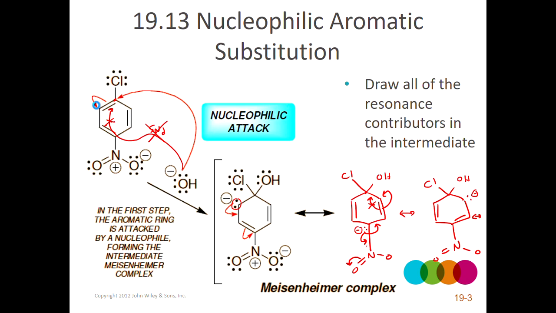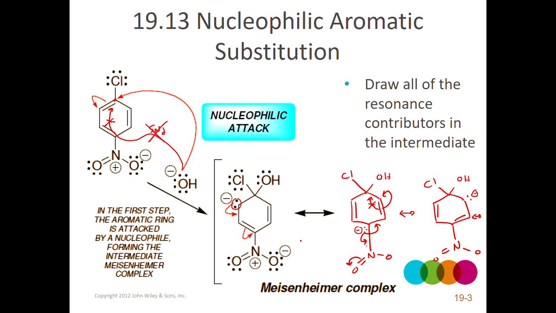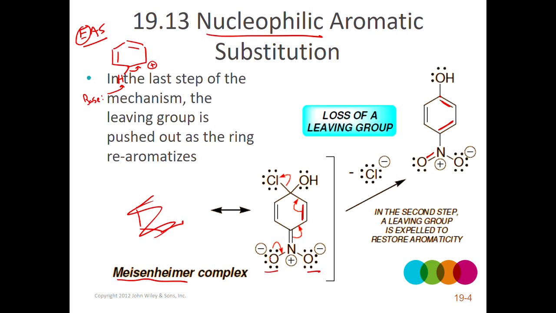The mechanism we described back here worked specifically because there was a strong electron withdrawing group, ortho or para, to the leaving group. And when we set that up with the strong electron withdrawing group para to the leaving group, we were able to show how the mechanism was facilitated by the extra resonance contributor where the negative exists on the oxygen rather than the carbon.